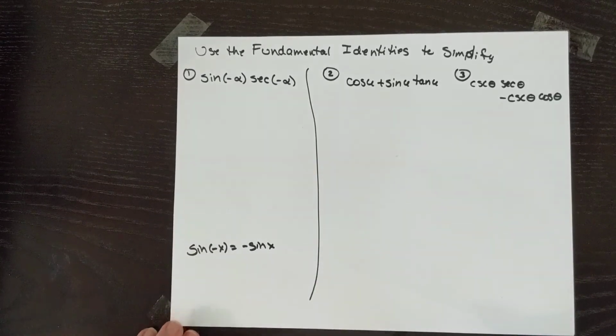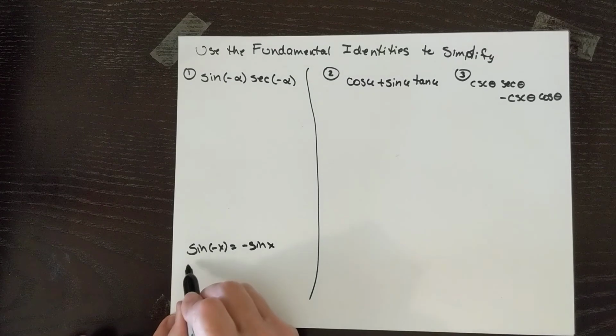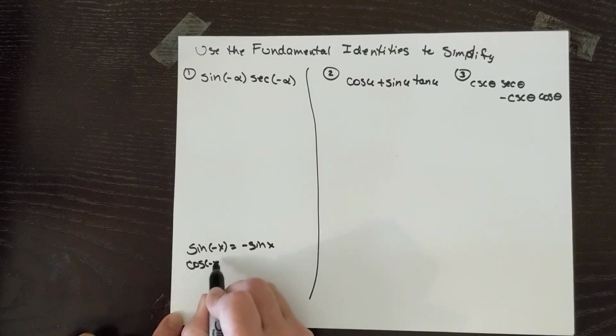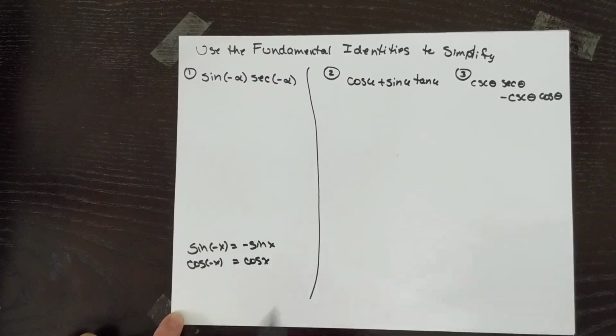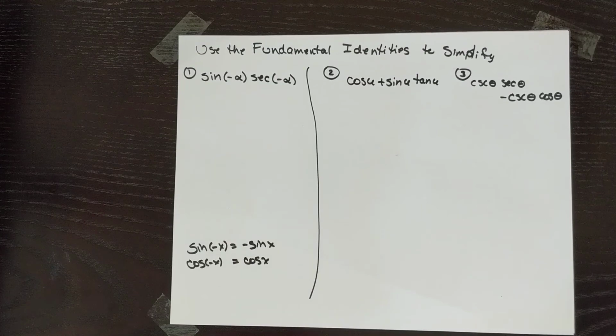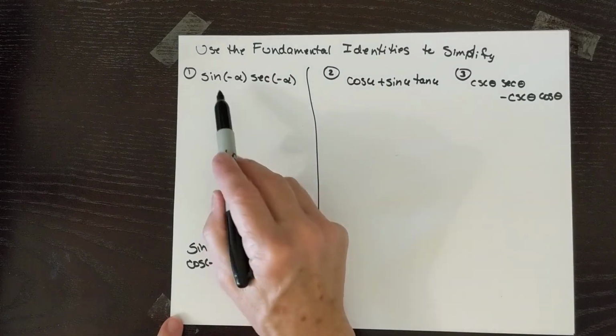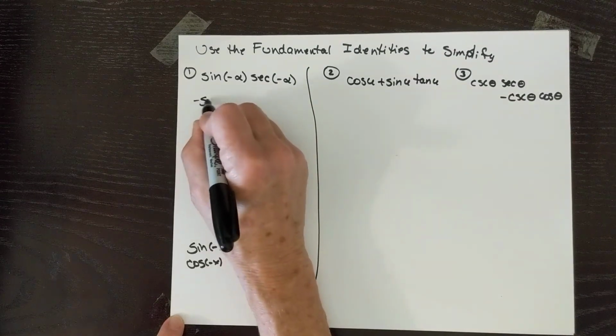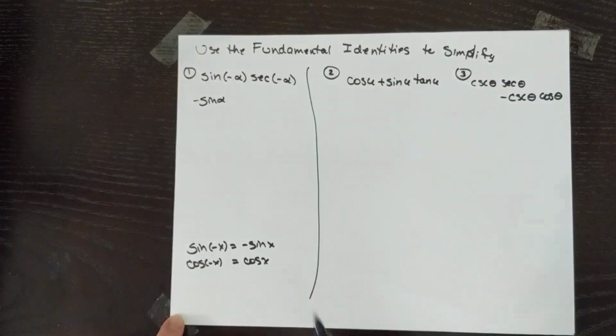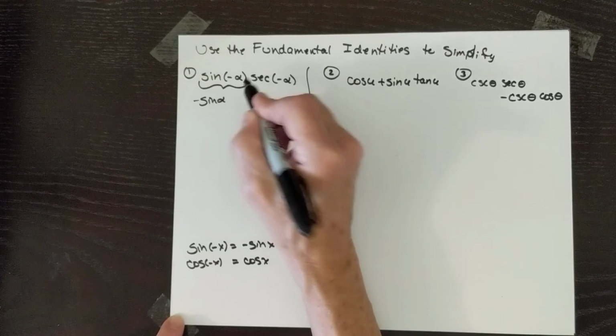Another identity is that the cosine of negative x is equal to cosine of x, because cosine is an even function. So these are some fundamental identities we have. We can rewrite the sine of negative alpha as negative the sine of alpha.